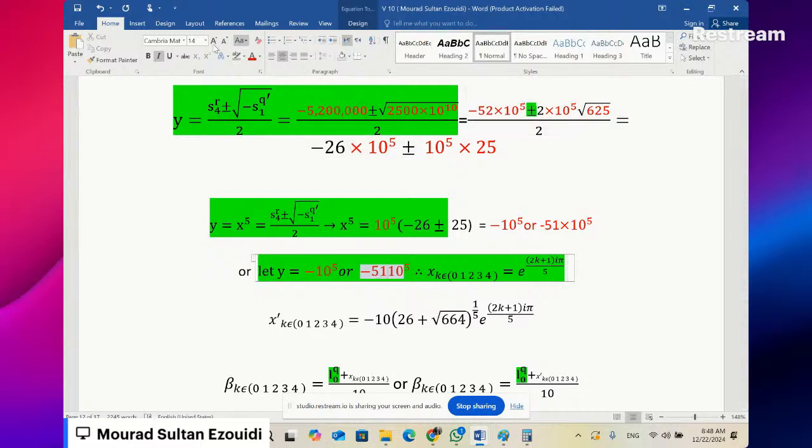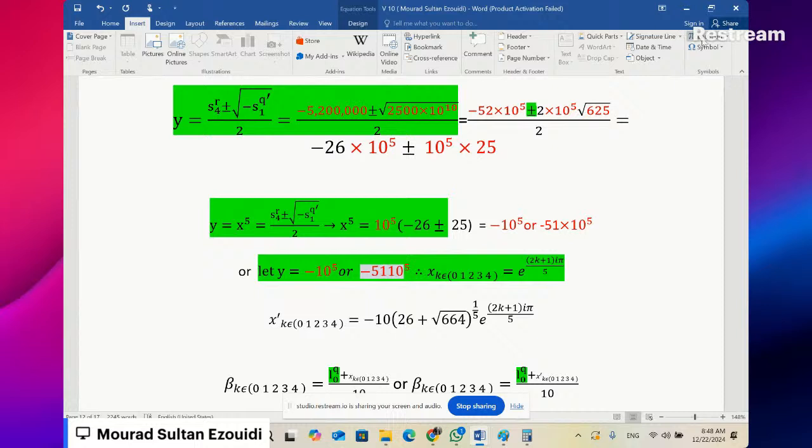times 10 raised to the power 5. Therefore, now you can see I will take this one here. I'll take the first. So this one equal.